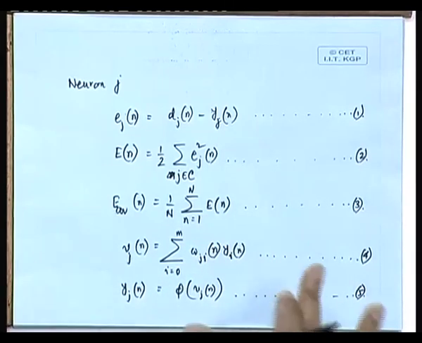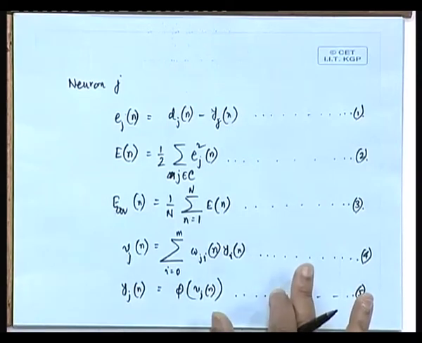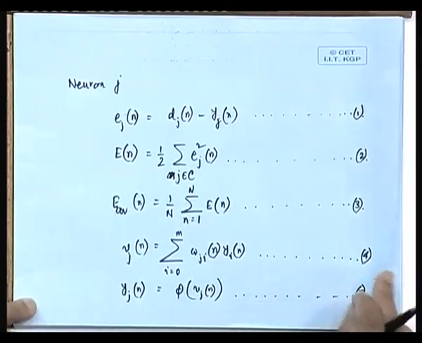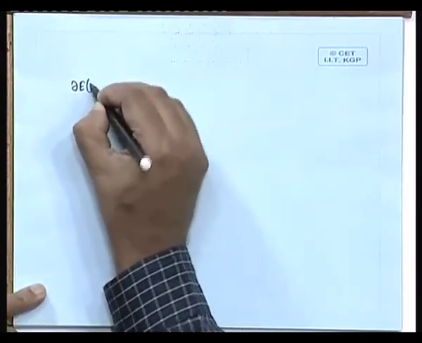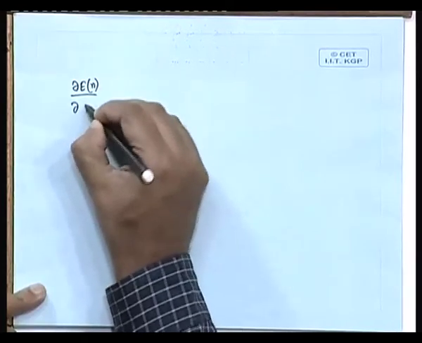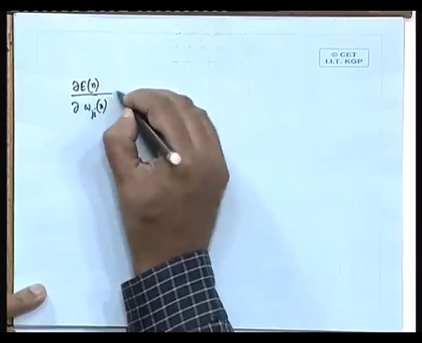In fact, what follows is a very straightforward mathematical treatment, and we are going to calculate the partial derivative of E(n) with respect to w_ji(n). Why?